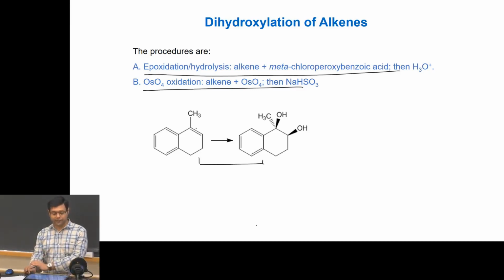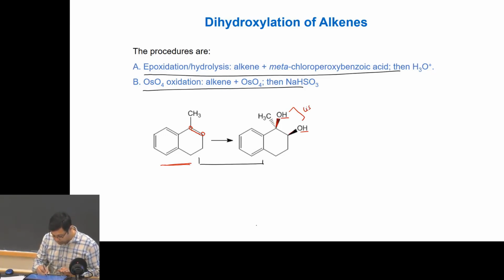All right, let's take a look at this example. The first step is to identify the transformation that is taking place. You're starting off with this alkene that has a double bond here. And in the product, you have two OH groups attached to the double bonded carbons. And also the two OH groups are cis on the same side.